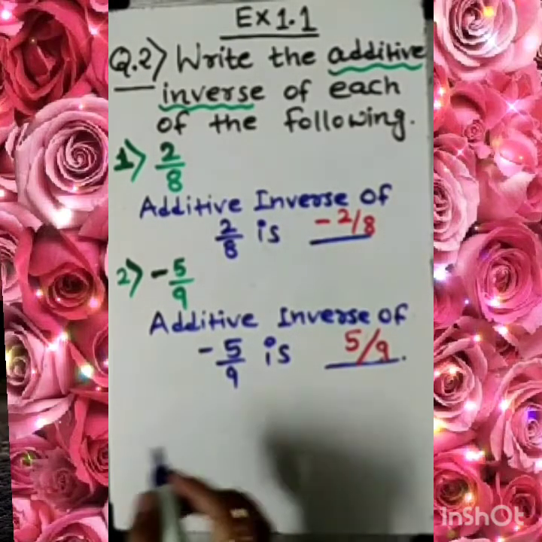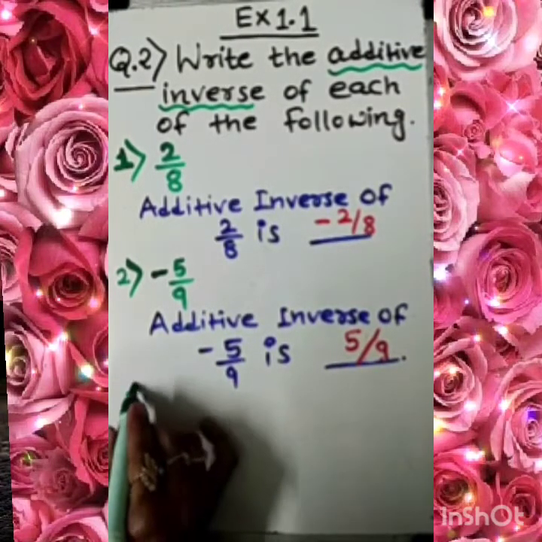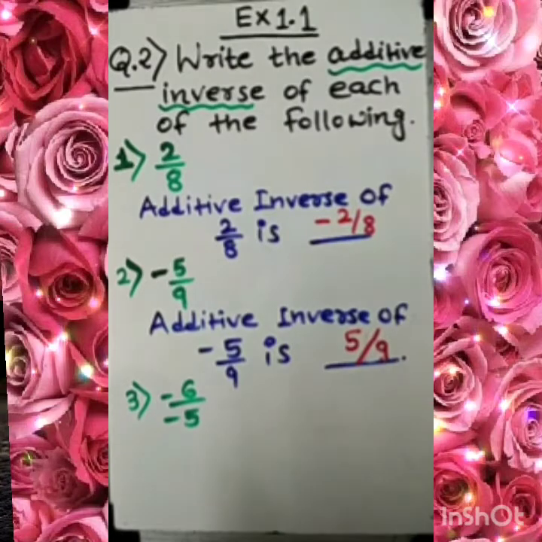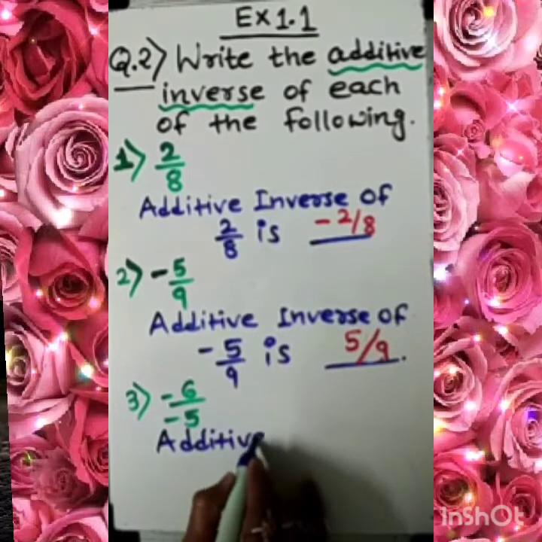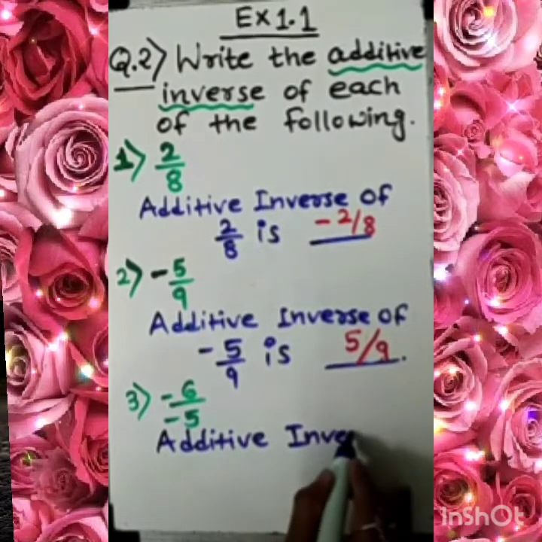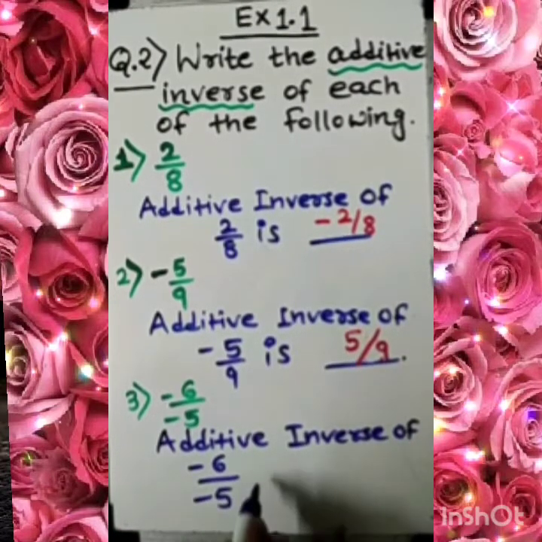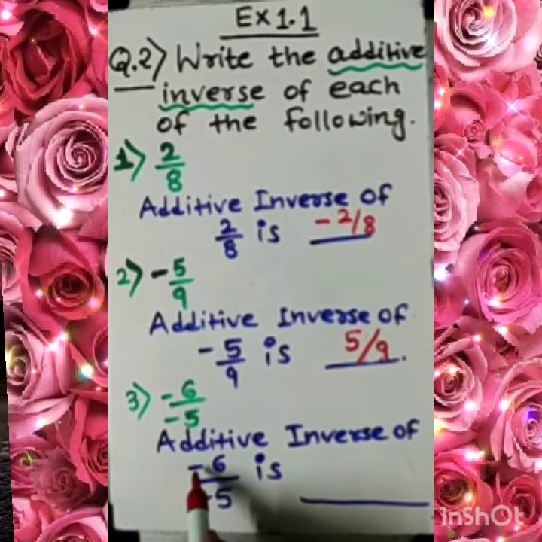It is understood. Now what is the third? We are given minus 6 by minus 5. Let's work on that. So we need to write here additive inverse of minus 6 by minus 5 is. Before we proceed, I am giving you one clue. As all of you know very well, the numerator is negative and the denominator is also negative.